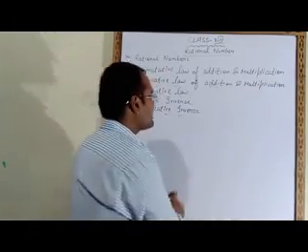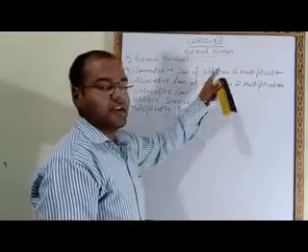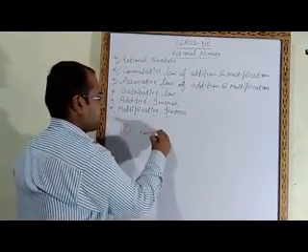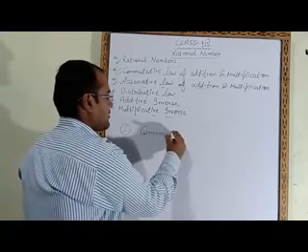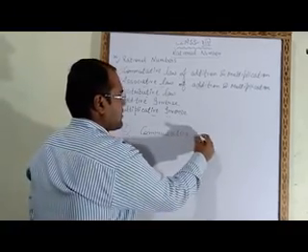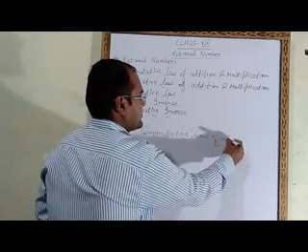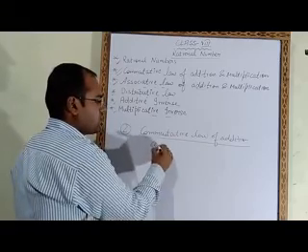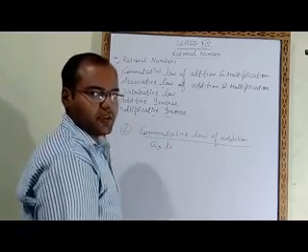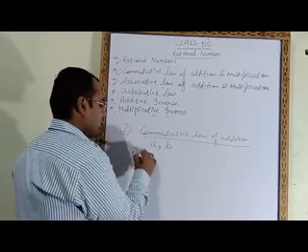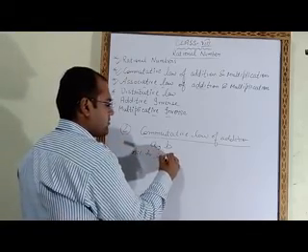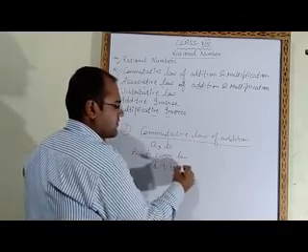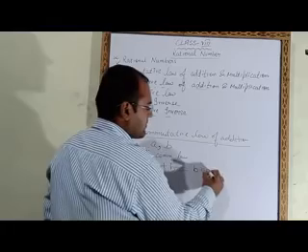Now the second topic is the commutative law of addition. If two values a and b are given, then according to the commutative law, the answer of a plus b will be equal to the answer of b plus a.